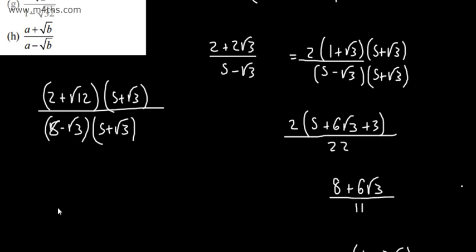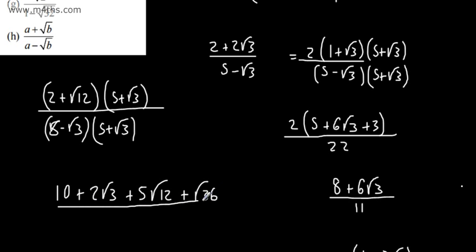So if we just look now at the numerator, we would get 10, plus 2 root 3, plus 5 root 12, plus the root of 36, all over now the 25 minus 3, which is the 22.